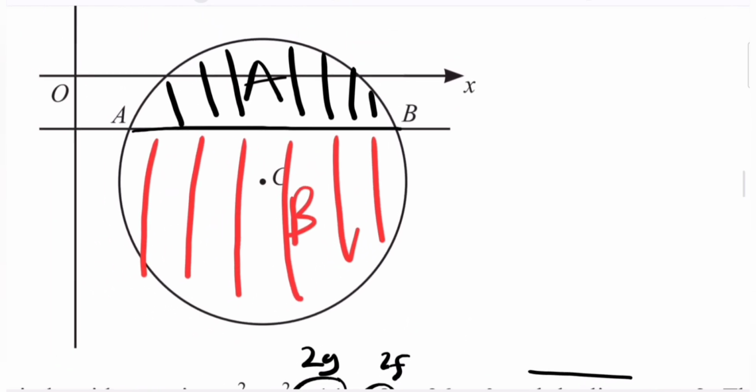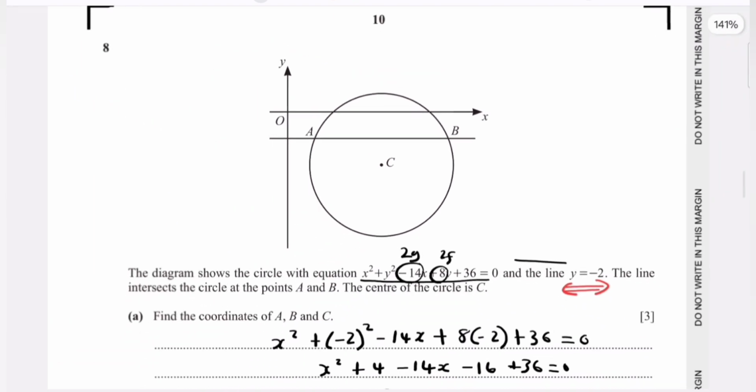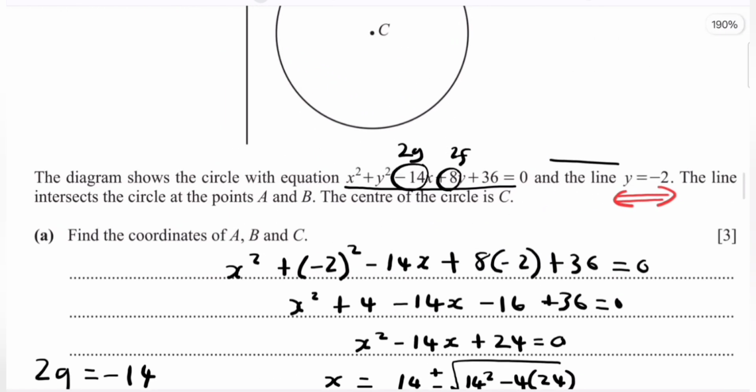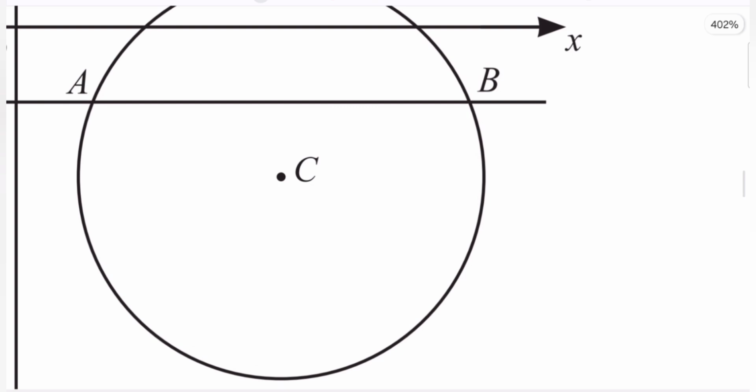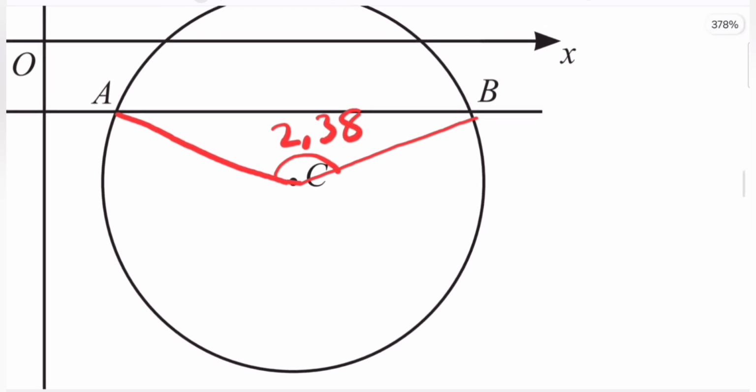So we want the area of segment B. But if we look at the previous questions, for part B, we were asked to find the angle ACB, this angle, right? And we got it to be 2.38, like that.